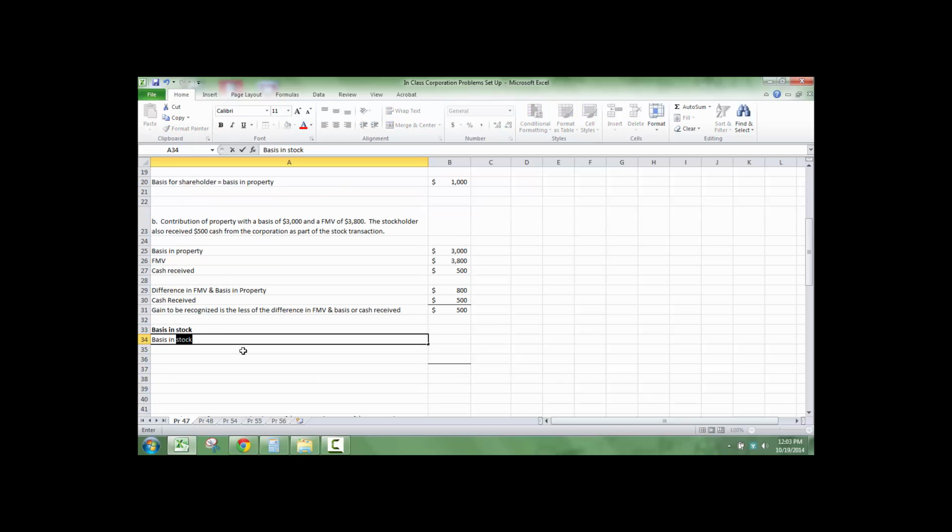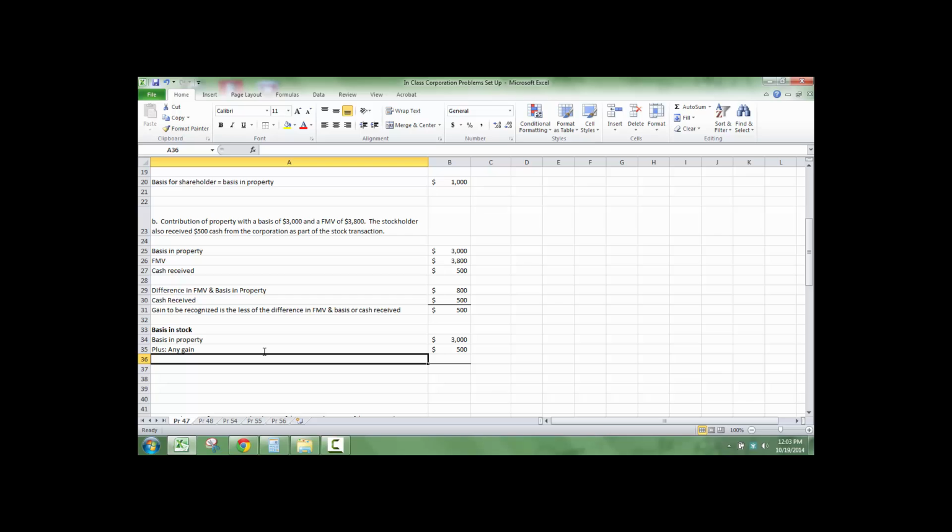So we have basis in property plus any gain less boot received, which is the cash in this problem. Basis in stock equals the sum of all of these, or $3,000.